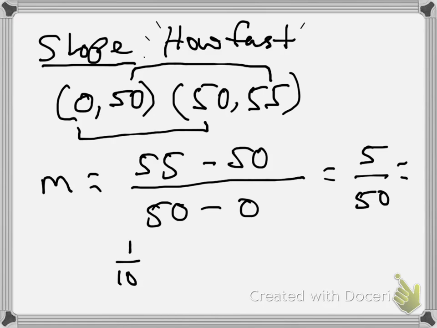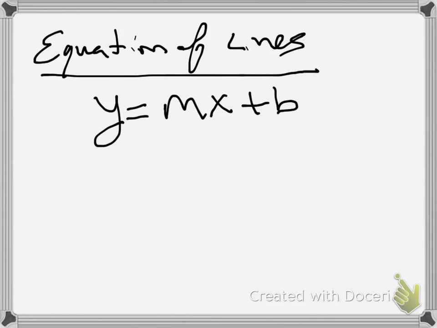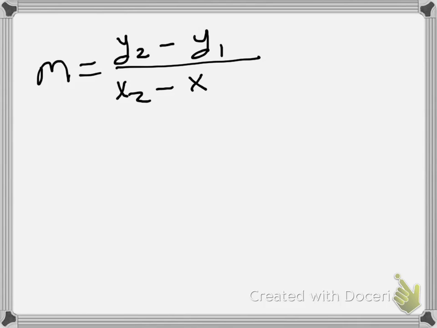They'll charge me $1 for every 10 minutes I go over, or maybe even as a decimal, I am charged 10 cents for every minute. That's my slope. So how we can find the slope is by taking my two y values and subtracting them, and then dividing that by the corresponding x values subtracted.